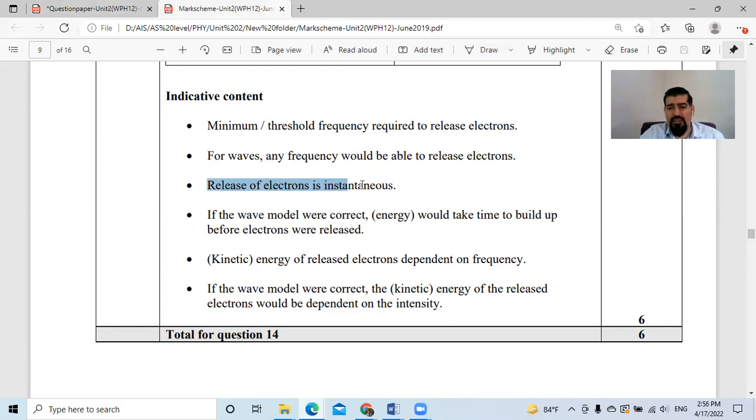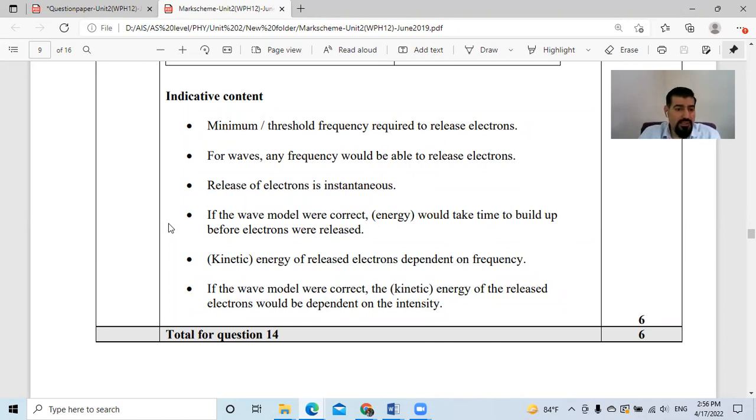Release of electrons is instantaneous according to the particle theory, but in the wave model it will take time to build up energy to release the electron, and that's not correct. Finally, the kinetic energy of released electrons depends on the frequency and has a maximum value. But in the wave theory, the kinetic energy of the released electron depends on the light intensity and doesn't have a certain maximum value. Any question? Now I'm going to write down the answer.